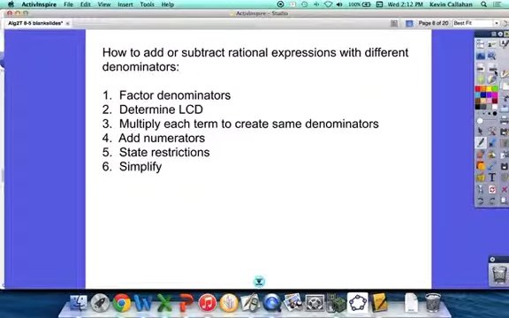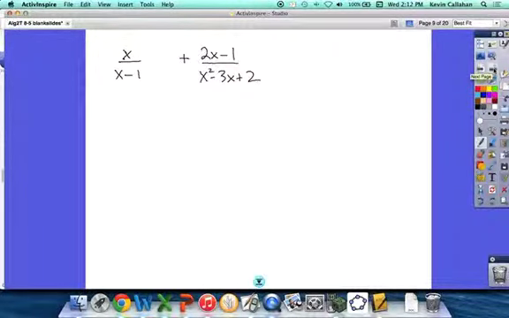Okay. So first step, what did I say? Factor the denominators. Well, in this case, only one of them really has to be factored, and that is x over x minus 1.